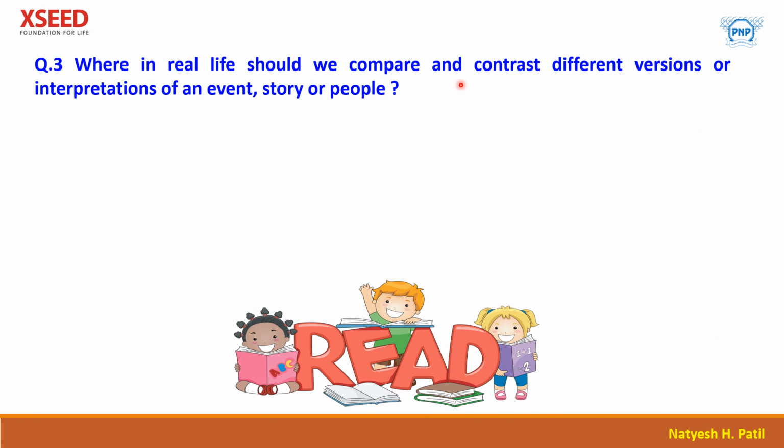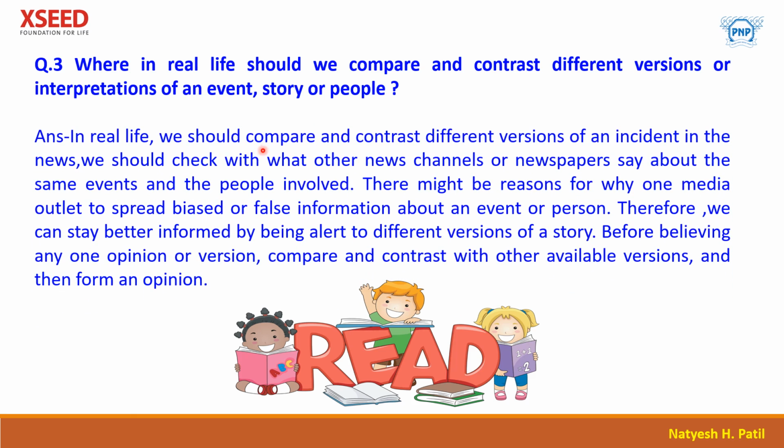Where in real life should we compare and contrast different versions or interpretations of an event, story, or people? In real life, we should compare and contrast different versions of incidents in the news. We should check with what other news channels or newspapers say about the same events and the people involved.